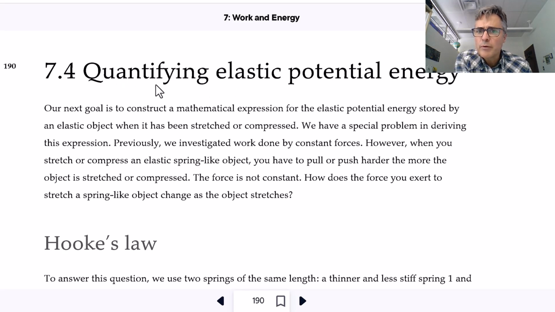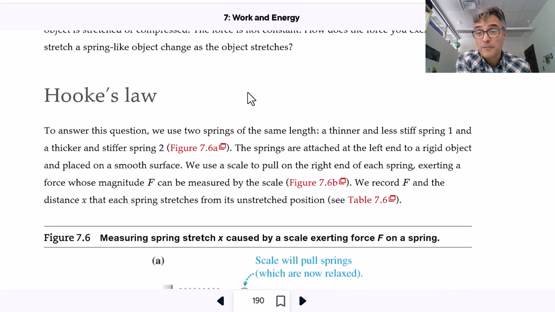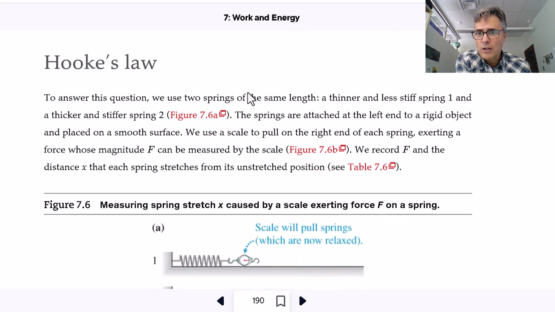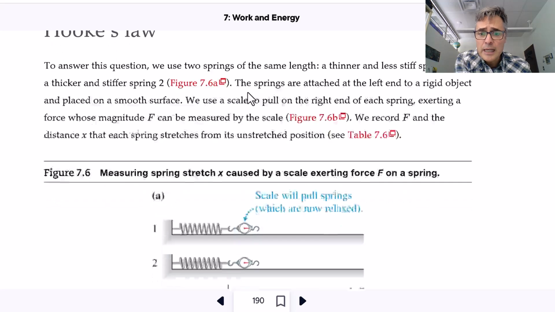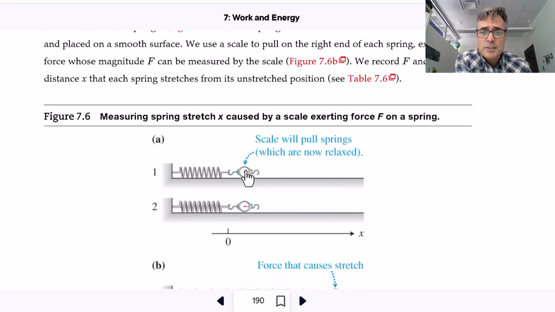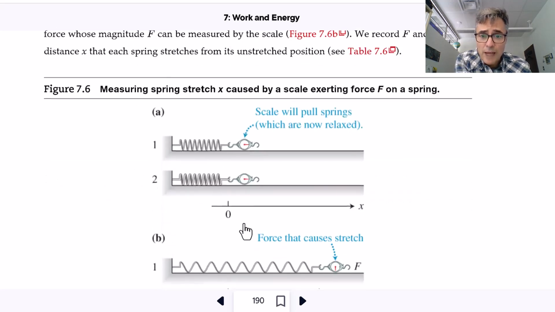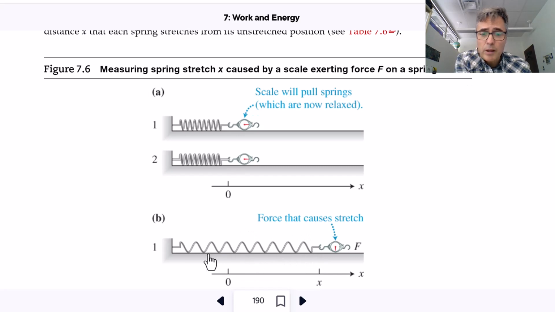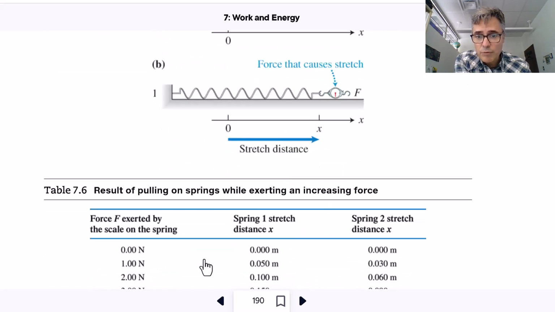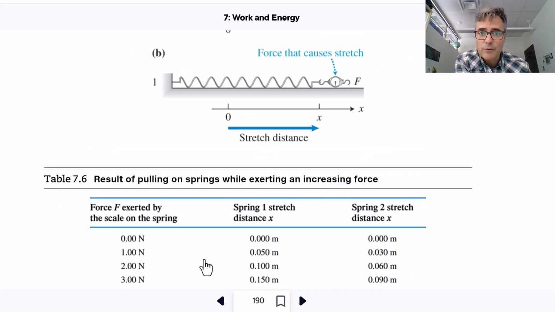Section 7.4 is called quantifying elastic potential energy. And it actually starts off with a force law, which is called Hooke's law. Hooke is the name of a physicist who investigated springs. The idea is that if a spring is stretched, then it makes a pulling force, and if it's compressed, it makes a pushing force.